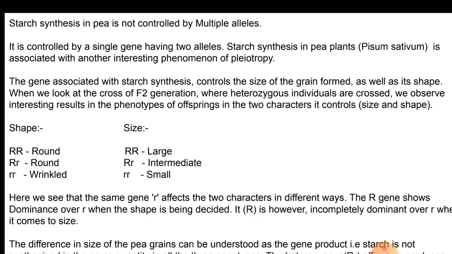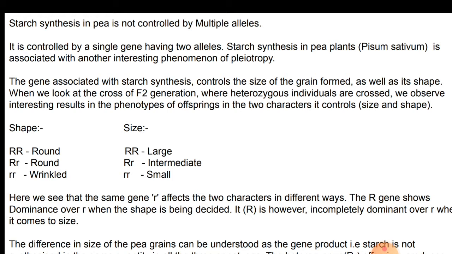The gene associated with starch synthesis controls the size of the grain formed as well as its shape. When we look at the F2 generation of this cross, where heterozygote individuals are crossed, we observe the results in the offspring for the two different characters, that is the shape and the size.